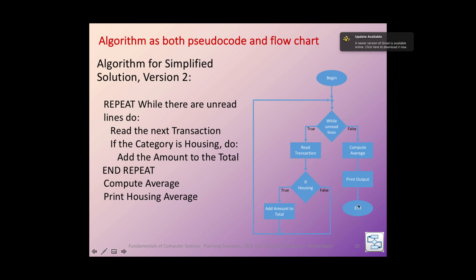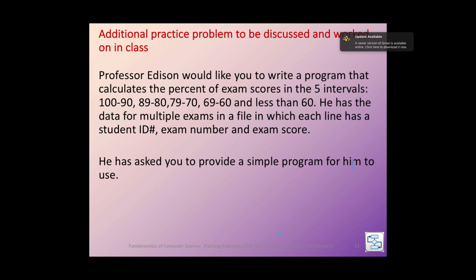And then you go to your end control. So in this slide, you can see the pseudocode with the corresponding flowchart. Both of these clearly and explicitly show the control of the very simple solution we have for this simple problem.